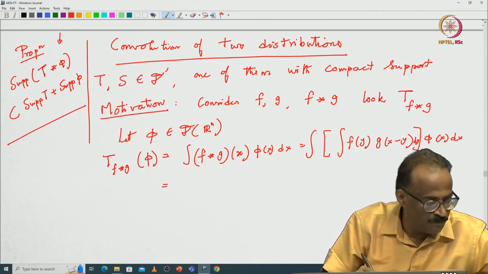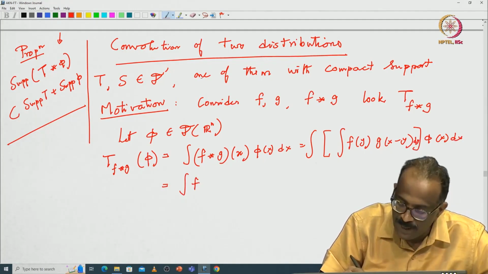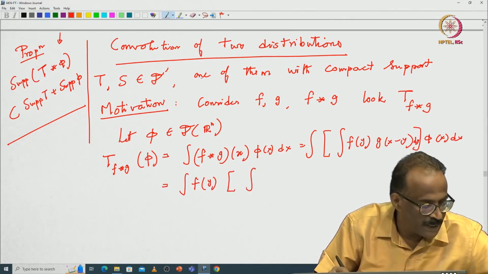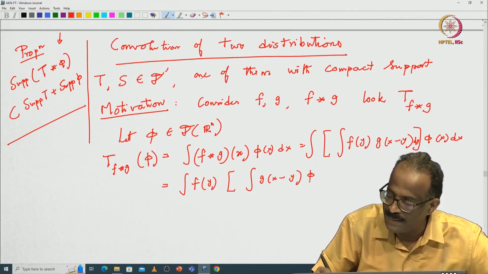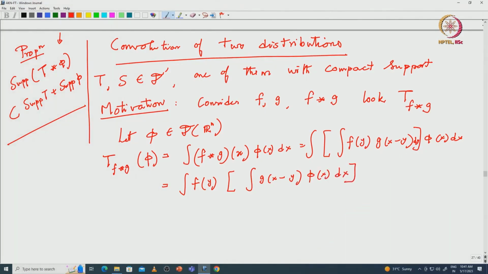As usual, Fubini, this is what you keep on using: f of y times the integral of g of x minus y phi of x dx, dy.